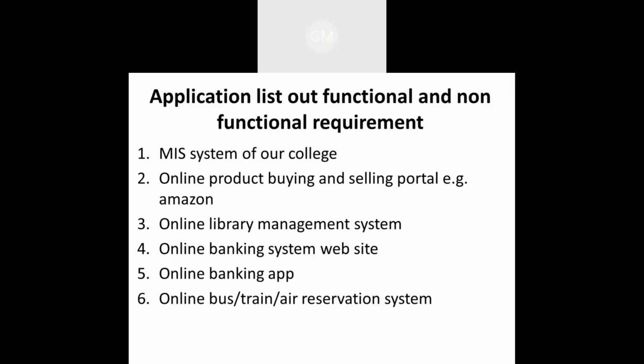Second, which software development model is useful for implementing these systems? You need to note down that model and why. For example, if I am saying that for the MIS system of our college I am going to use the waterfall model, someone may say that I am going to use the incremental model, like that. I'm going to implement this MIS system using the waterfall model of software development lifecycle.